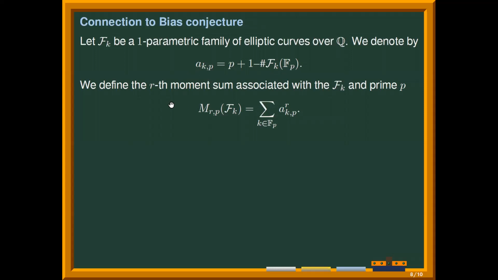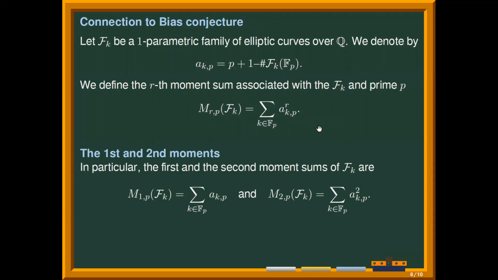Using this definition, we also define the r-th moment sum associated with f_k and prime p in the following way. M_r(p, f_k) is defined as the sum over all possible values of k in the finite field F_p of a_k(p) to the power r.